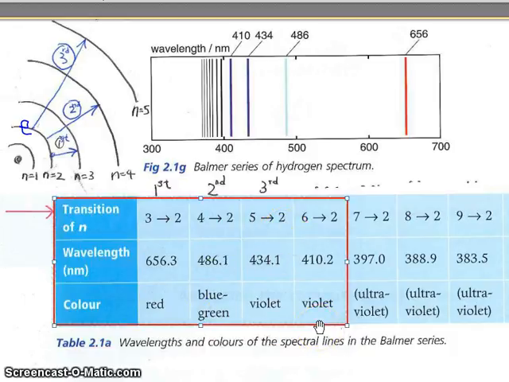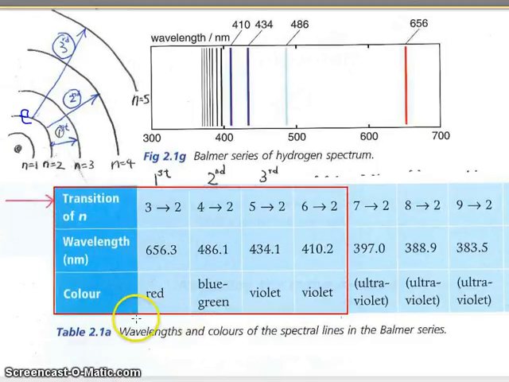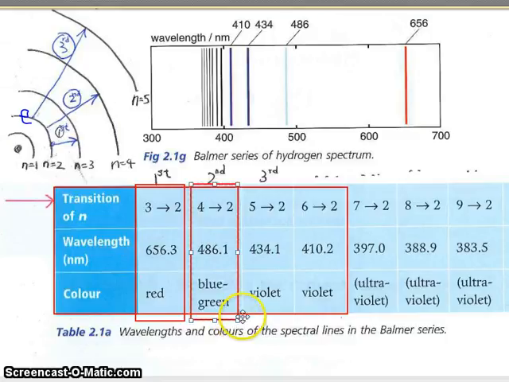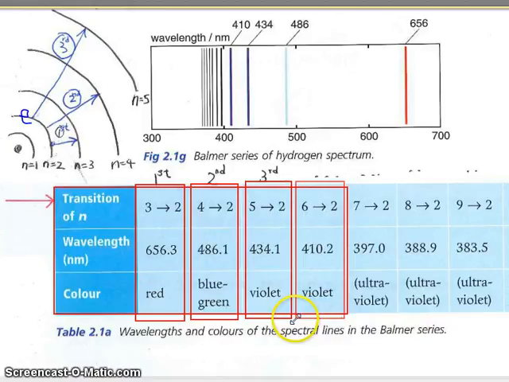Balmer was lucky because he looked at the emission spectrum of hydrogen and identified these 4 different visible lights, which are red, then blue-green, violet, and the last one also violet. He found that these 4 different wavelengths are closely related.